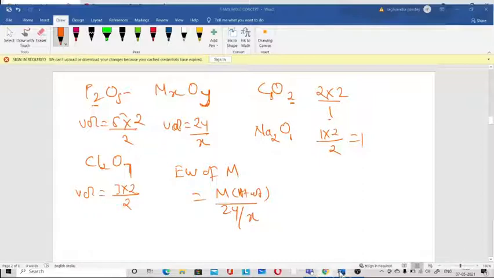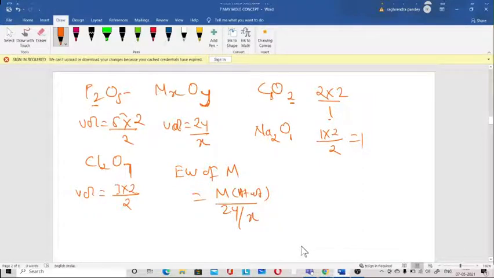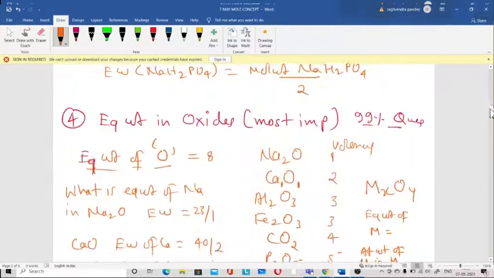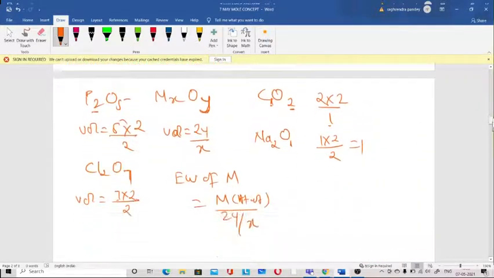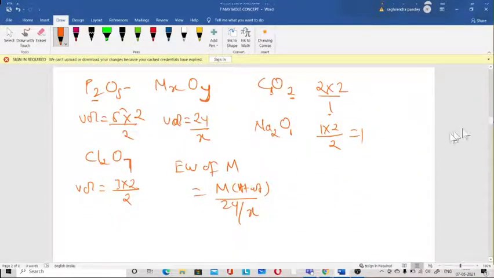Oxygen is the second element because we are talking only about the oxides. Only about the oxides here we are talking. That we will do, because I will teach you for each and every one. You should know what is there.